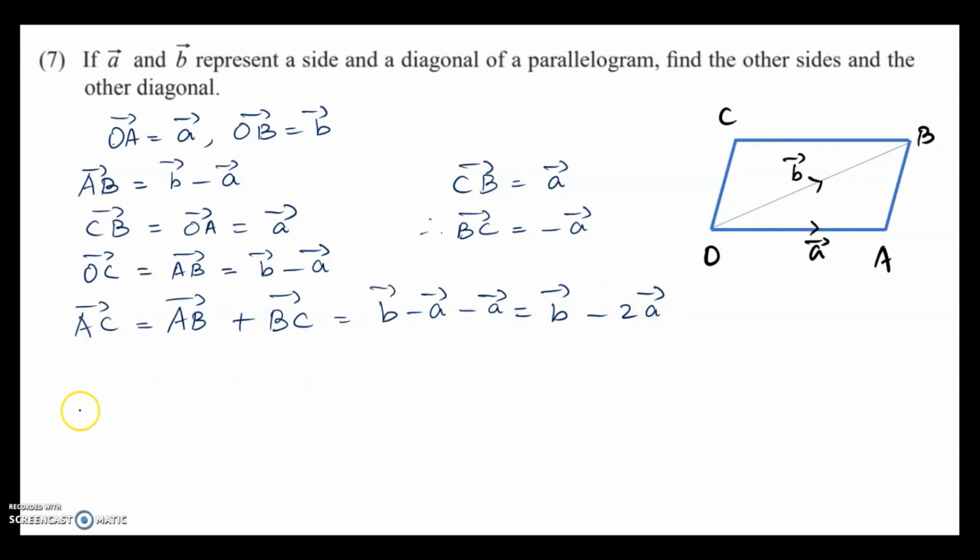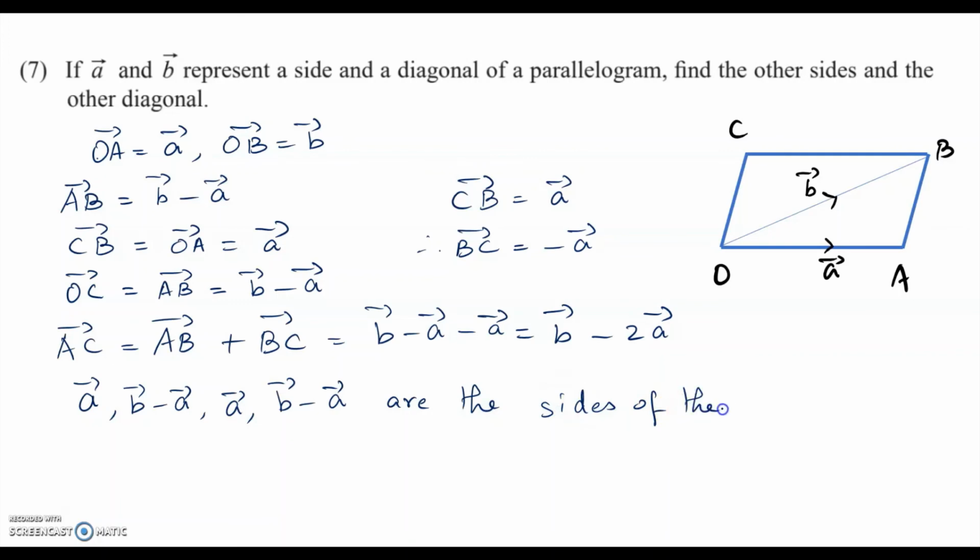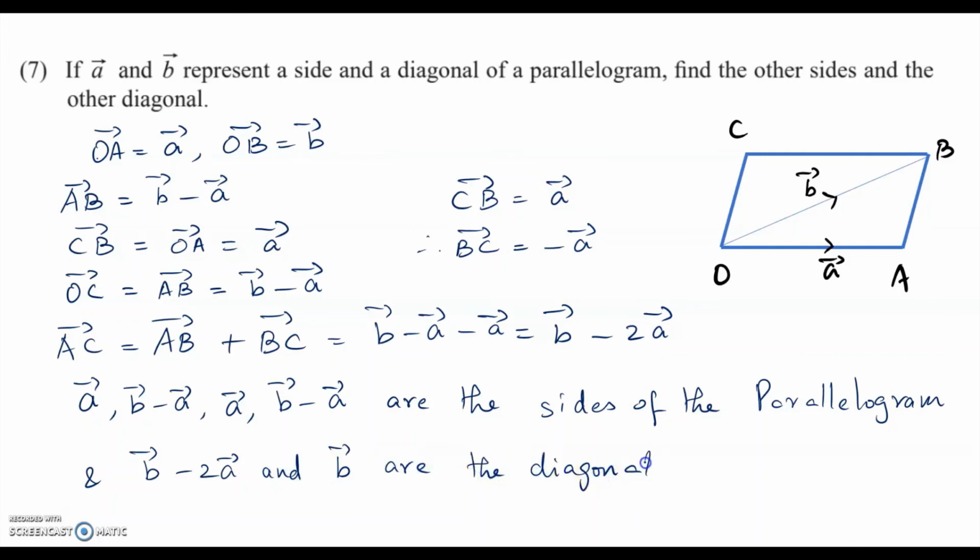So therefore the sides of our parallelogram are vector A and vector B minus A, and vector B minus 2A and vector B are the diagonals of the parallelogram.